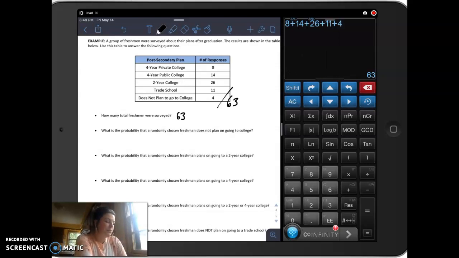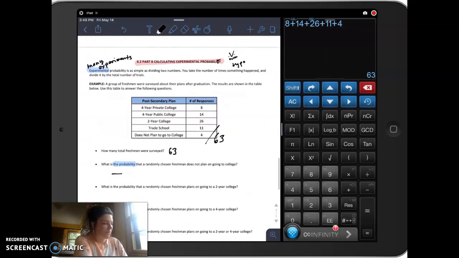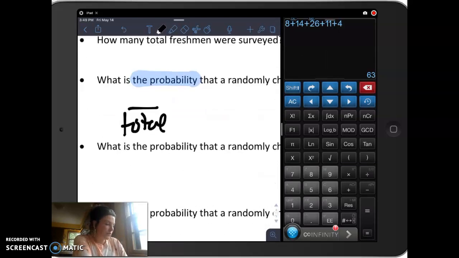It says, what is the probability? All right, so whenever you see the word probability, it means you're going to divide two numbers. So you're going to take again, what it says up here. You take the number of times something happened and divide it by the total number of trials, which is a fancy way to say the number of times you did the experiment. So for all of our answers, we're always going to have our total times the experiment that you did on the bottom.